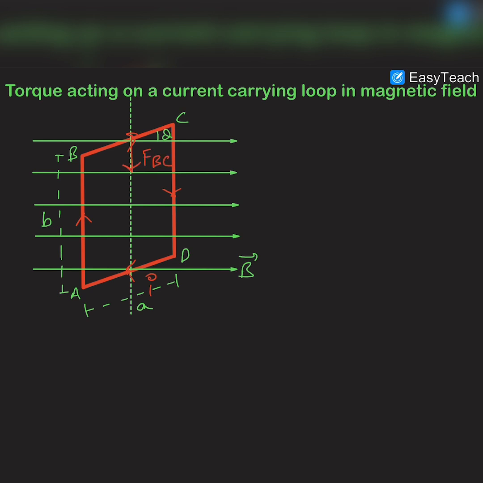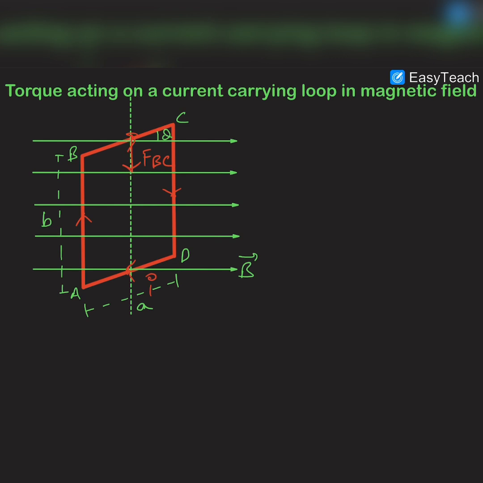FBC. Just take a component of the magnetic field along the wire and in the perpendicular direction to the wire. You will notice that the component of the magnetic field which is along the wire will not produce any force on the wire, and the other component which is perpendicular to the wire will produce a force acting on the wire in the downward direction.